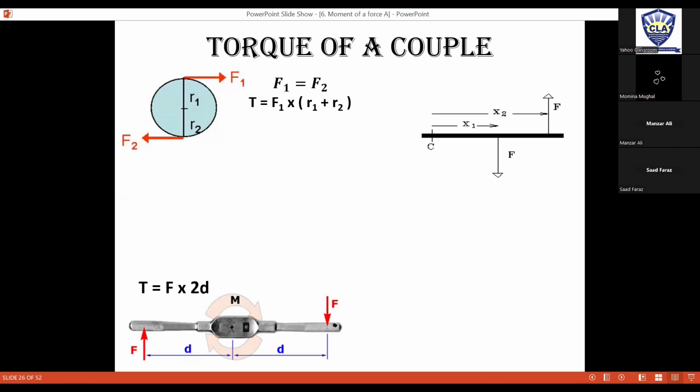So what should be their torque? F into x2 will be a greater turning effect, so we can subtract F into x2 minus F into x1. If I take F common, it is x2 minus x1, and x2 minus x1 is the distance between the two forces. So it also has the same formula for torque of the couple.